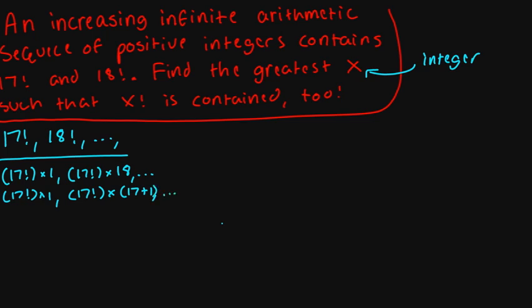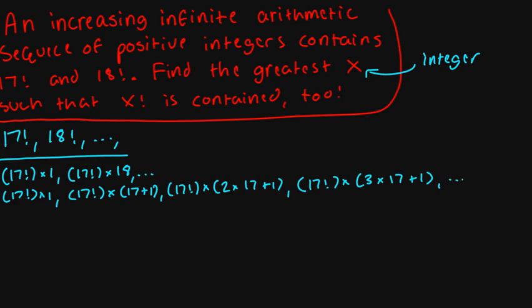And since this is an arithmetic sequence, we can deduce that the next terms will be 17 factorial times 2 times (17 plus 1), and then 17 factorial times 3 times (17 plus 1), and so on.